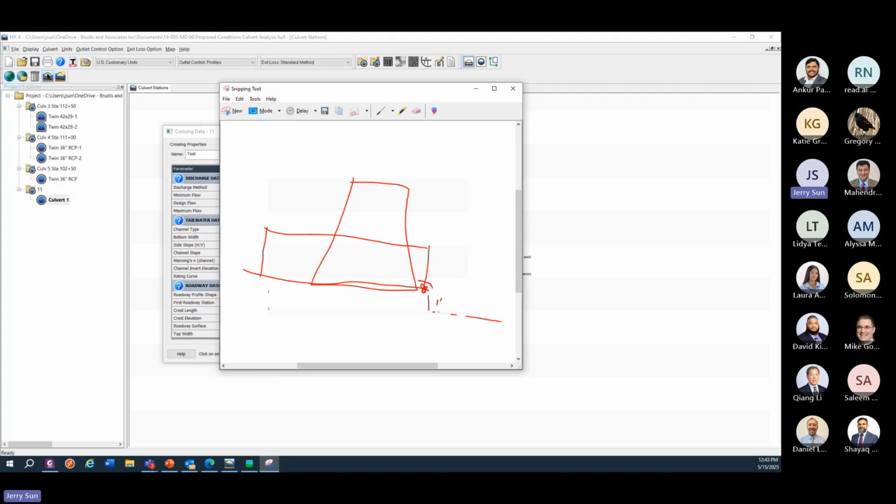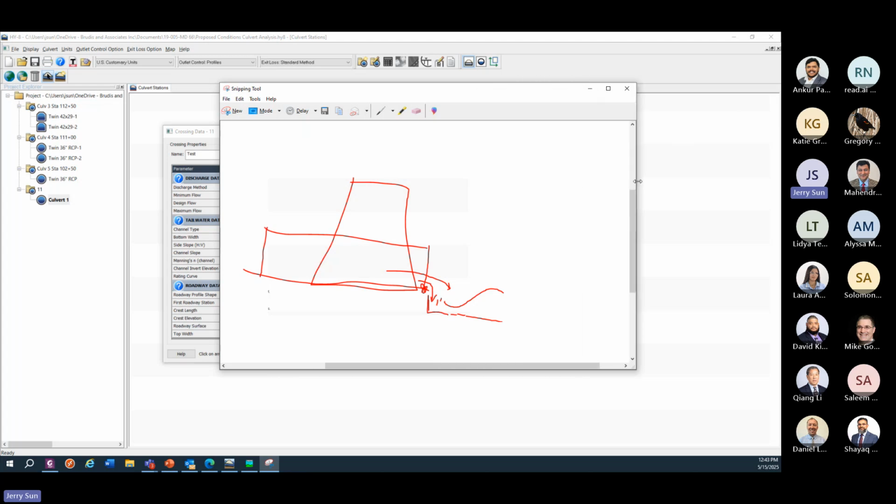So this is called a hydraulic drop. This means when the water comes out, there is a hydraulic jump. Basically we don't want to design this, but in some cases we can design it if we need. This is called plunge pools.